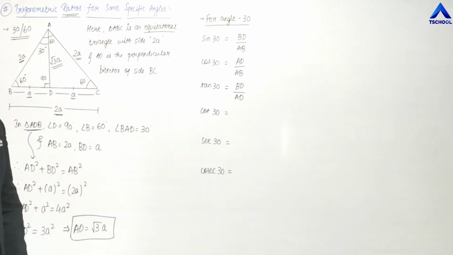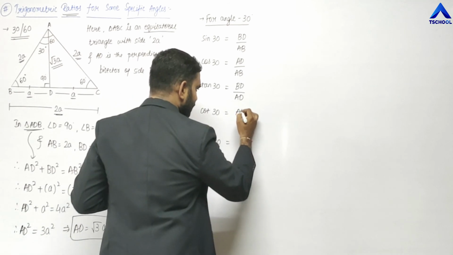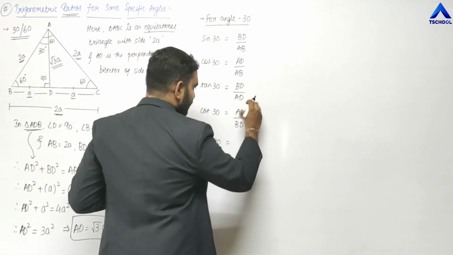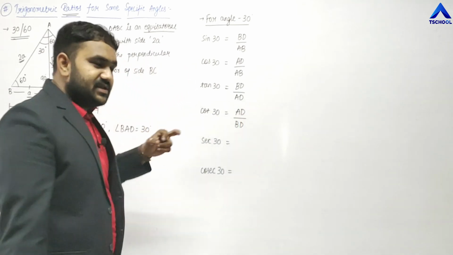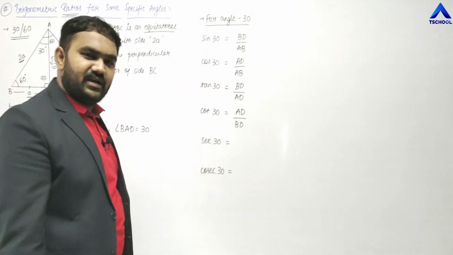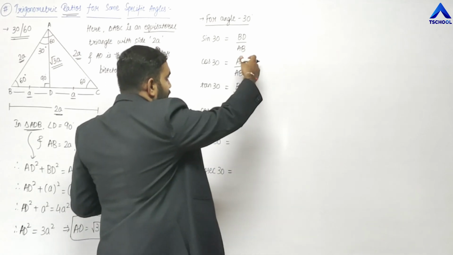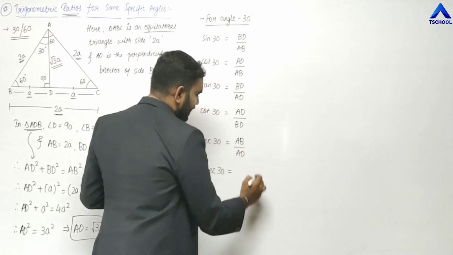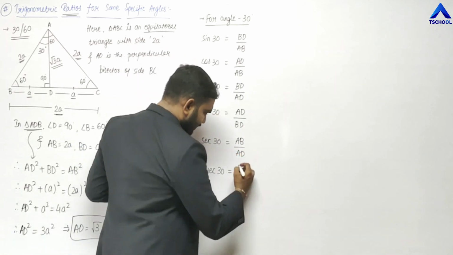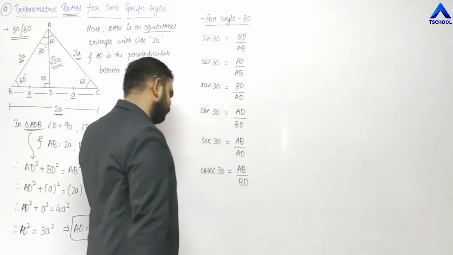Cot 30 is side adjacent divided by side opposite, that is AD upon BD. If you don't remember it like this, just invert these ratios. So BD upon AD, AD upon BD for cot. Then for sec, AB upon AD, and for cosec, the inverse of sine, AB upon BD.